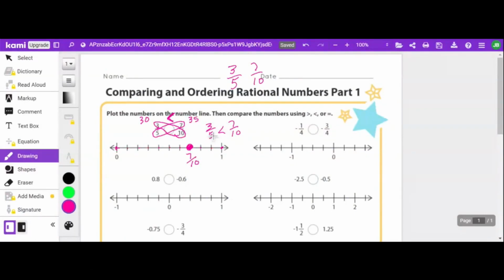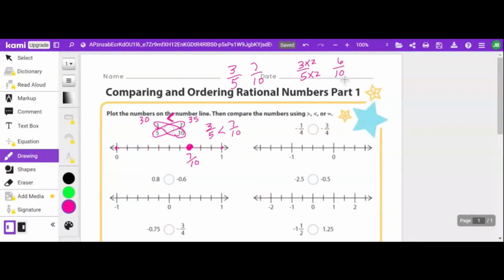Then 3/5. Well, the best way to plot 3/5 is to change 3/5 into tenths. Remember that we can take any fraction and multiply the top and bottom by the same number, and it will be an equivalent fraction. So I can take 3/5, and if I want to turn that into tenths, then if I multiply the bottom by 2, 5 times 2 is 10, I would have to multiply the top by 2. 3 times 2 is 6.